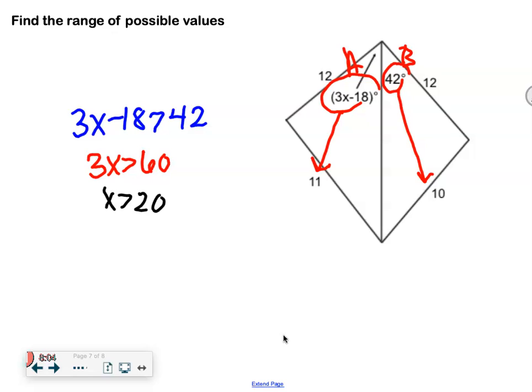So this time, what did we find? The upper bound or the lower bound? Lower. But now how are you going to find what's the max? 42. No, because we already know it's bigger than 42. What's the maximum our angle could be? What's the maximum value an angle could be in a triangle? 180.